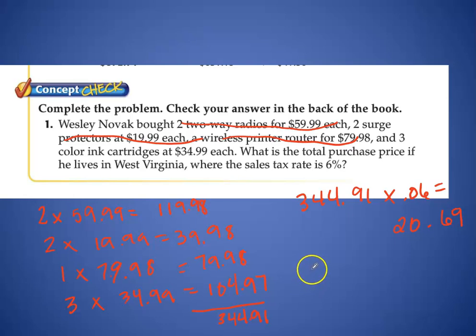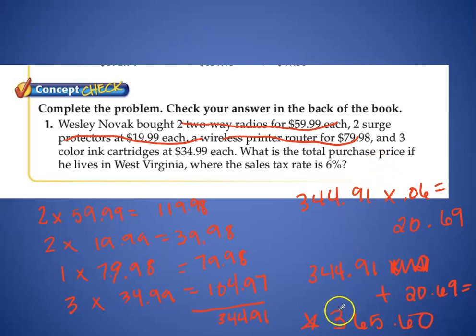So I'm going to take $344.91, sorry, I made a mistake, plus $20.69. You're adding these in the end, and you should get $365.60. So if you got this as your answer, good job.